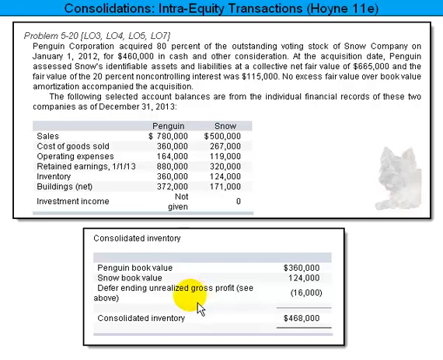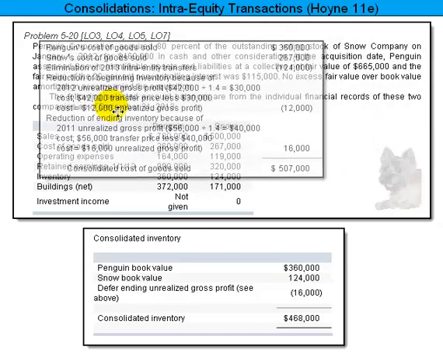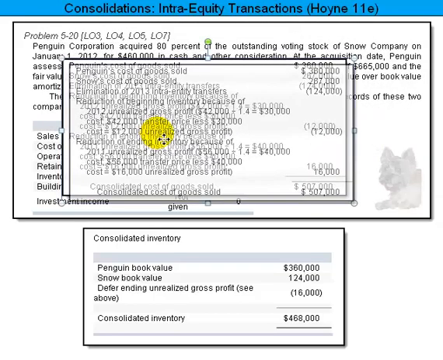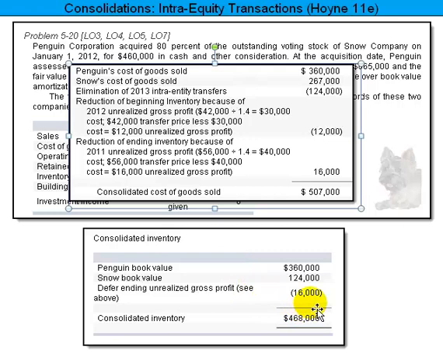And then we need to back out the deferred unrealized gross profit. Keep in mind, we're making those entries, so it will just fall out when we're doing this on a spreadsheet. Let's look at that last answer. There's 16,000. That 16,000 was the deferred unrealized gross profit, and your entries should show that and work out to that amount.